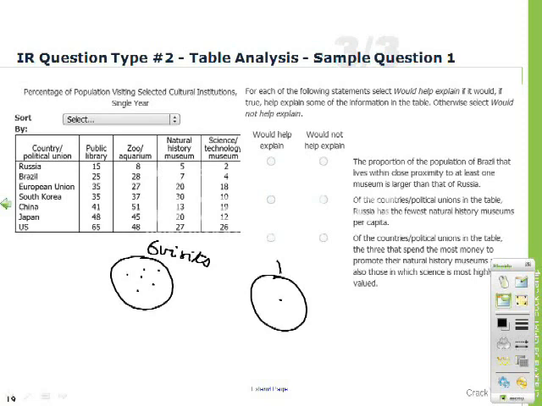So what you have to do, since sorting is given to you, you have to use a sorting tool now. Find out in which countries are you more likely to find people visiting the museums, natural history museums. So the first is US, second is, oh, South Korea, sorry. And 2 are there for the third slot. Right.